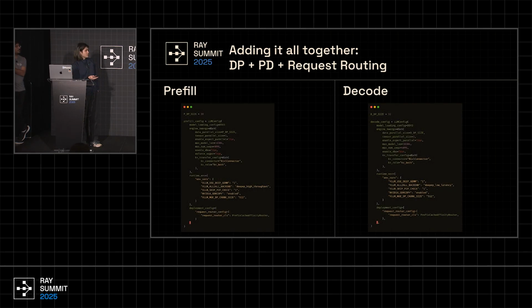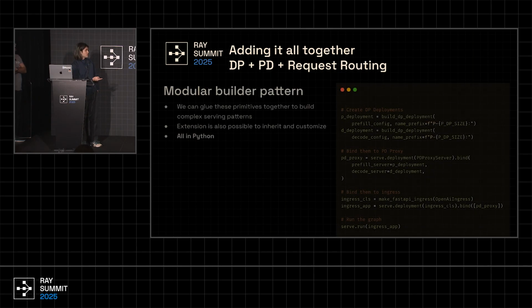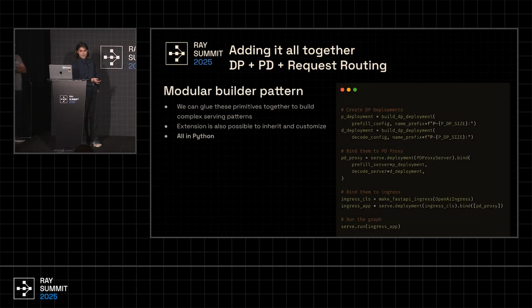Cool. So adding it all together, what does it look like? It's easy to do in Ray Serve LLM. You'd have a prefill configuration, specify NIXL and the environment variables that you want, specify the high throughput EP kernels, add prefix cache-aware routing, and then similar for decode. Super modular.